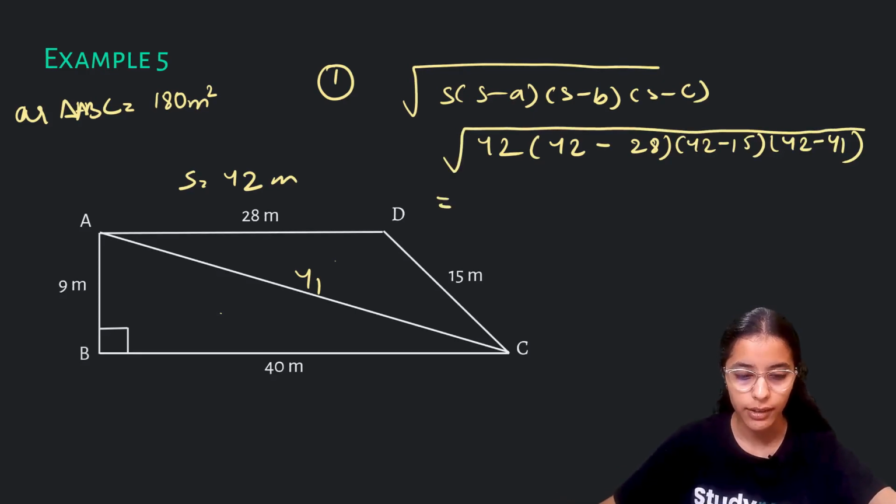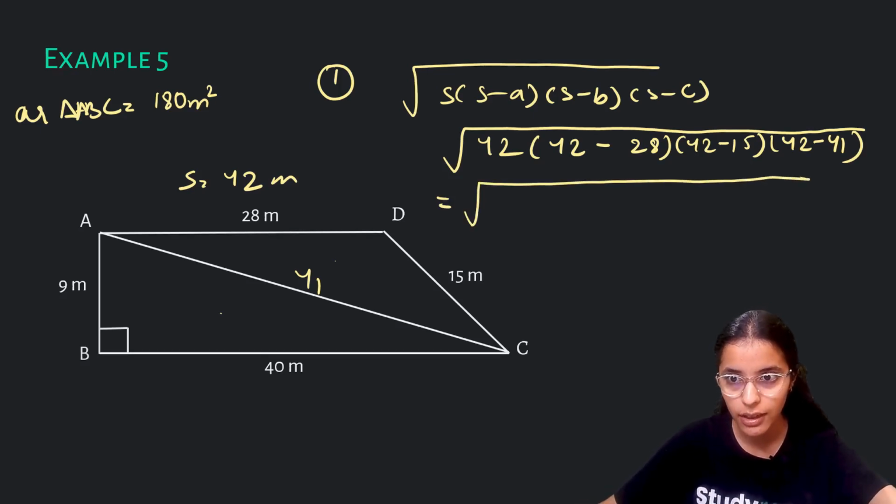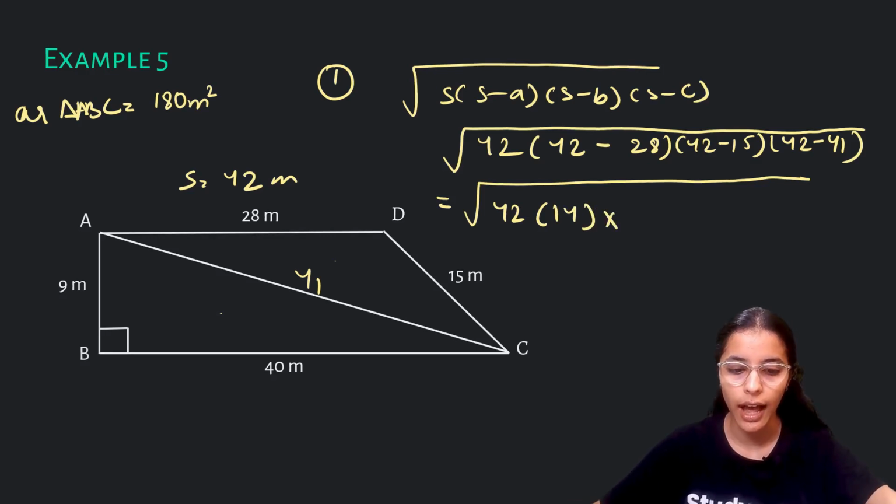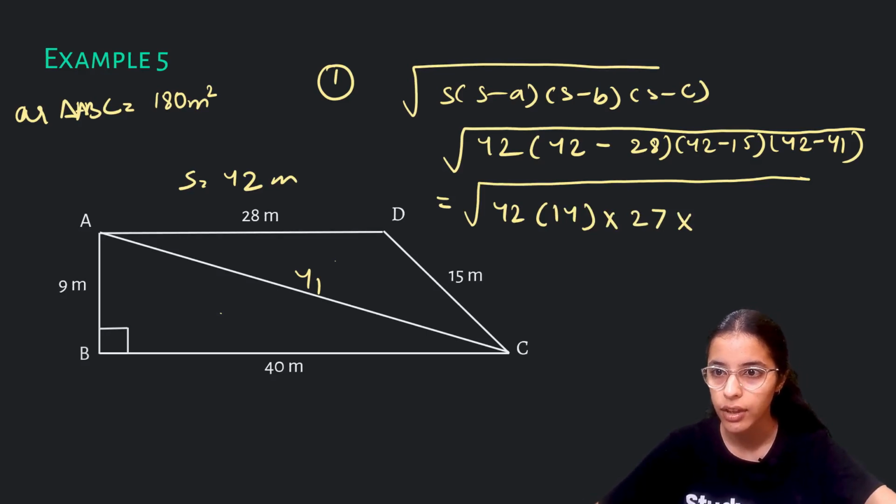Now let us do that. First let us just put all the numbers. So when we subtract 42 minus 28, we get 14, then we have 27, and then we'll have 42 minus 41, that is 1.